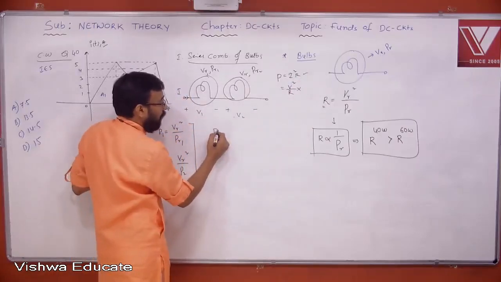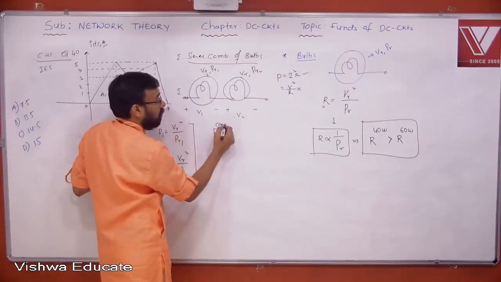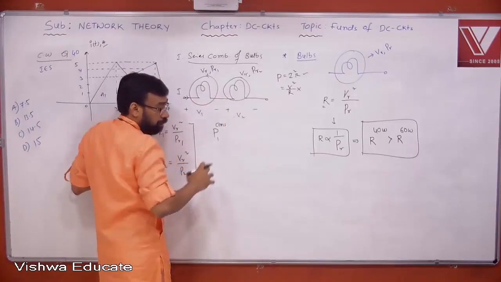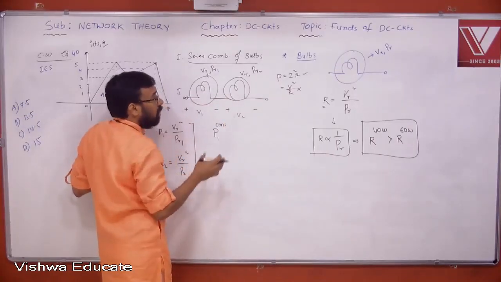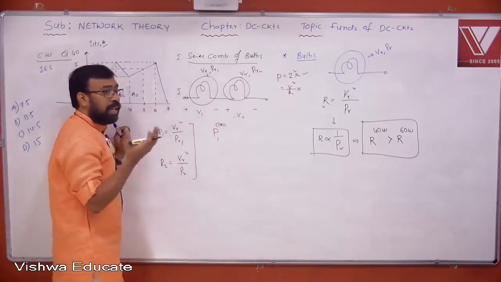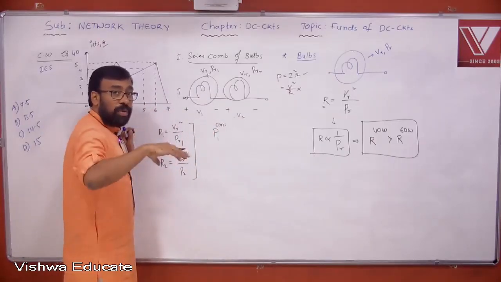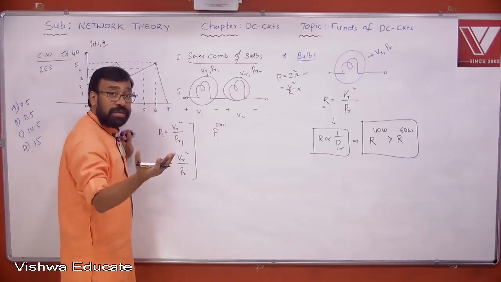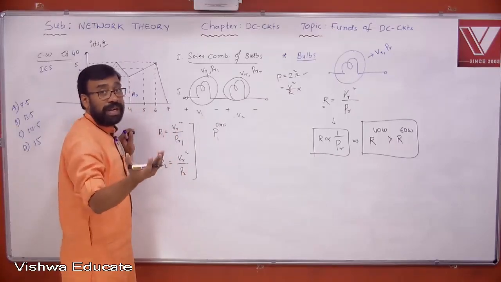So what is actually P1? P1 means consumption, not rating. Power consumption is different from power rated. When the bulb is experiencing the rated voltage, the operating voltage is the same as the rated voltage, then power consumption will be the same as power rating, no doubt.